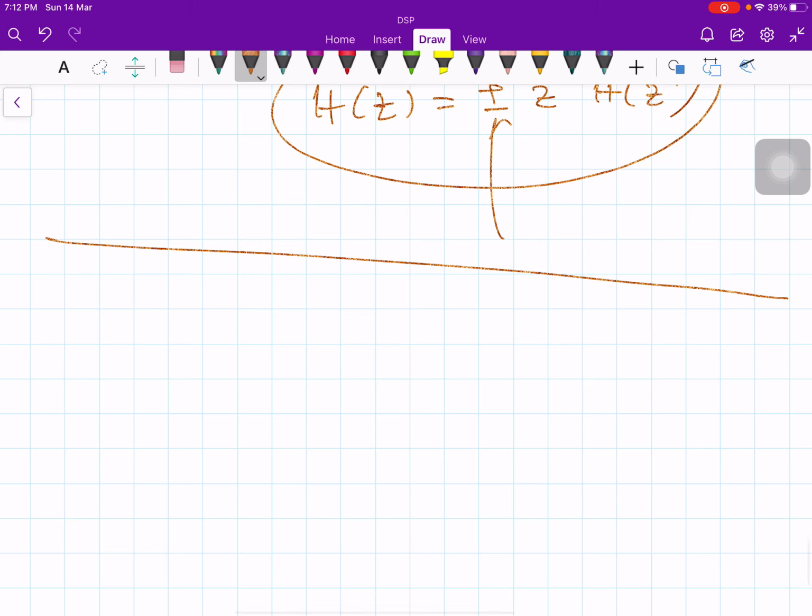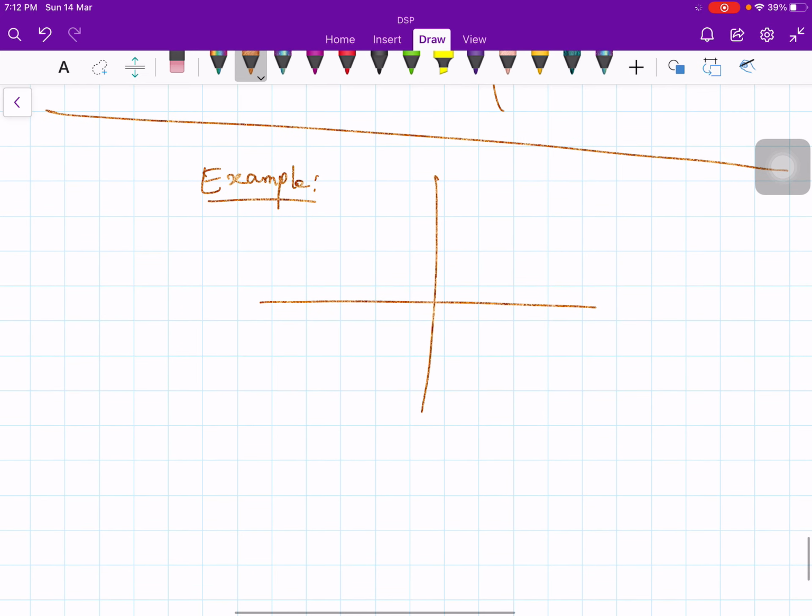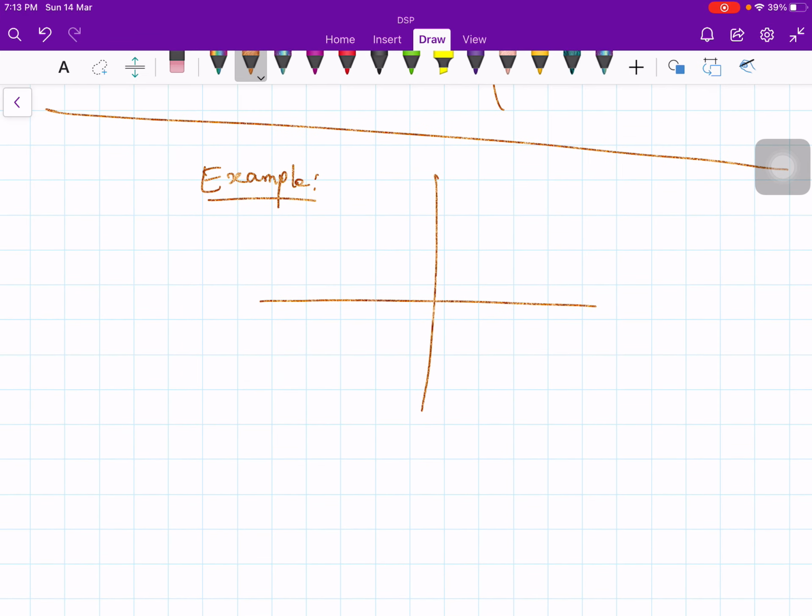Now let us take an example. Suppose I give the location of zeros and we would like to find the reciprocals of the given zeros. Let's say this is the real axis and this is the imaginary axis. If we have a zero at plus 1, it can occur singly or doubly, because the reciprocal of plus 1 is again plus 1.